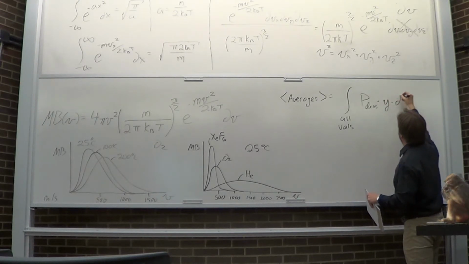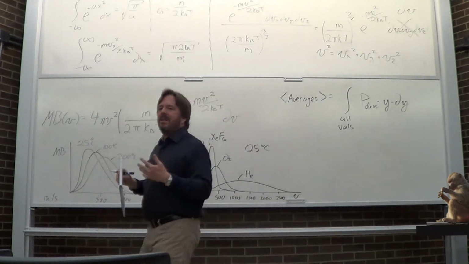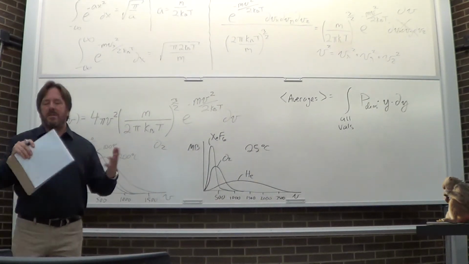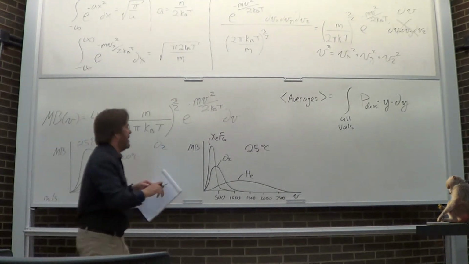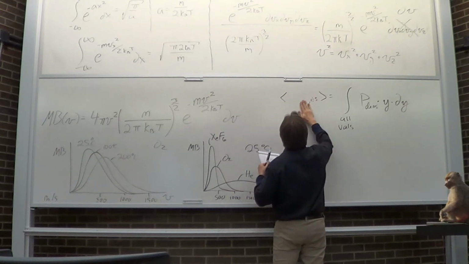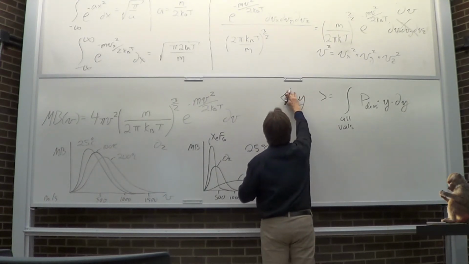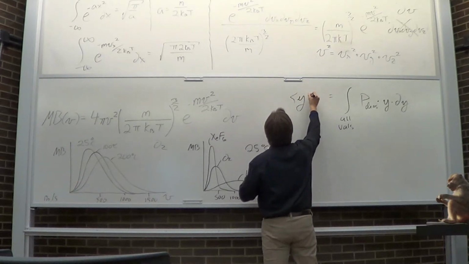Sorry, I'm speaking off the cuff, I just made a mistake. There we go. You take the probability distribution times the thing it's a function of, times the differential, integrate over all values, and that's the average. And this would be the average of property y. So I just want you to remember that this is how you properly express averages in our math notation. It's important that you know that.